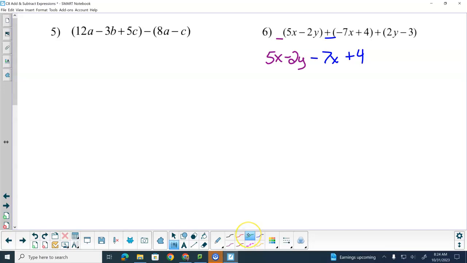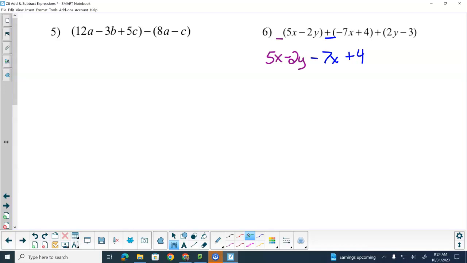Keeping that in mind, what's the last set of parentheses going to be? There's a plus in front of it. What you got? Negative 2? Wouldn't it just be positive 2, because we're multiplying by positive 1?